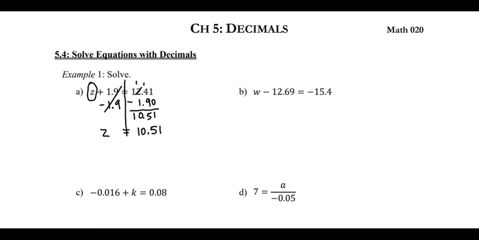All right, so that's not a bad problem. Pretty straightforward, because you had addition, you subtracted, and we used the rules that we learned in 5.2 again, how to subtract with decimal numbers, and got our answer.